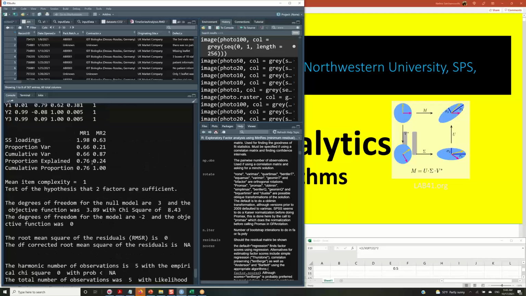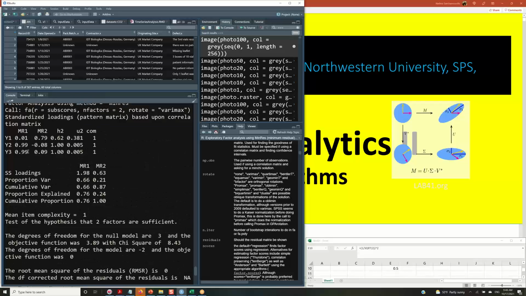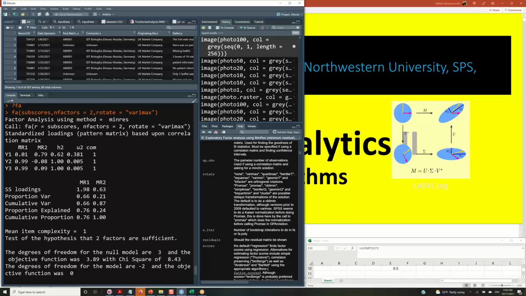And there is a lot of output. See, you see this one? For some reason they say MR1, MR2, which are basically the factors. And the sum of squares of this is the communality here. This is the specific variance, and this is the communality. The sum of these two becomes 1 because it is already taking standardized variables.